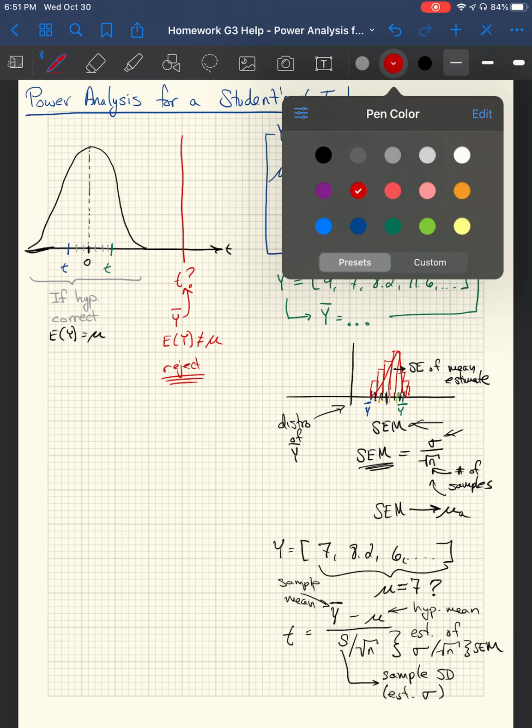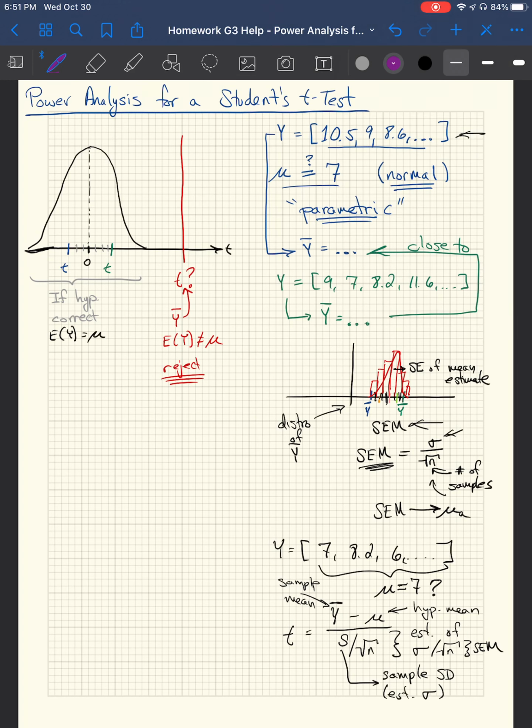So what that tells me is that I can set a threshold, and this is for a one-sided t-test, just for simplicity. If I set a threshold, let's say here, again, I'm going to try to draw that a little more straight here.